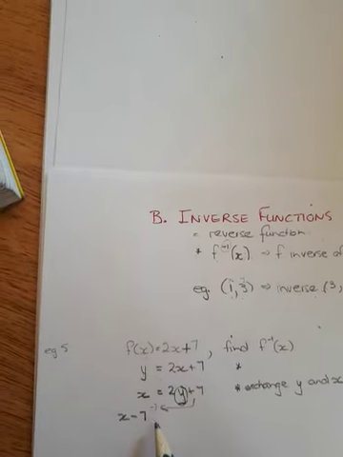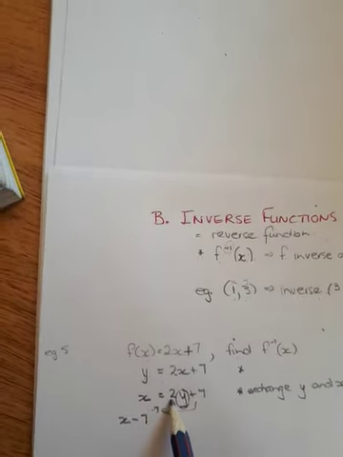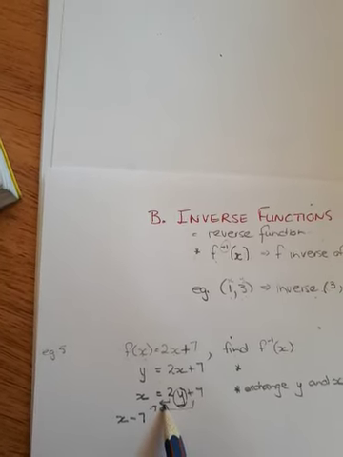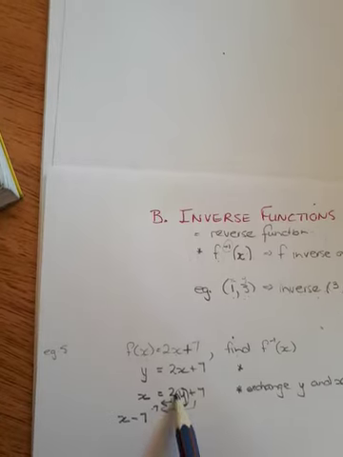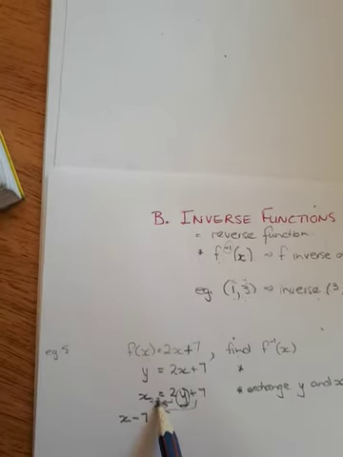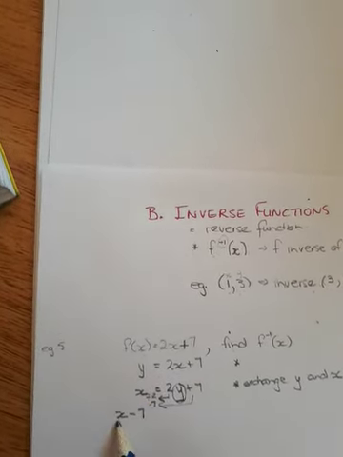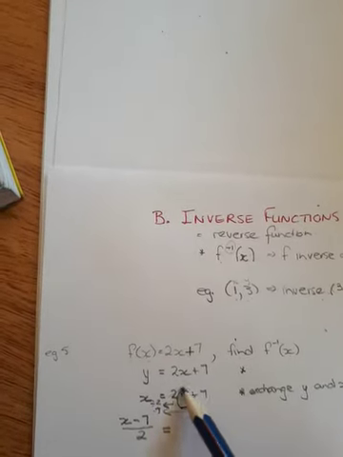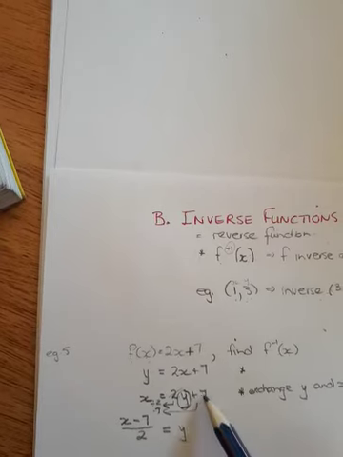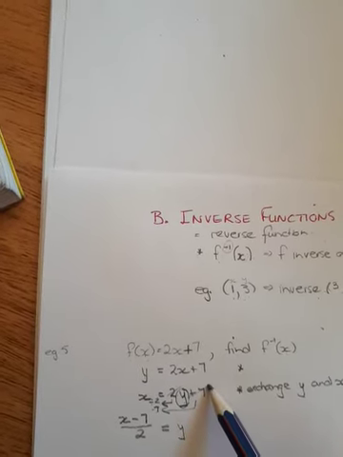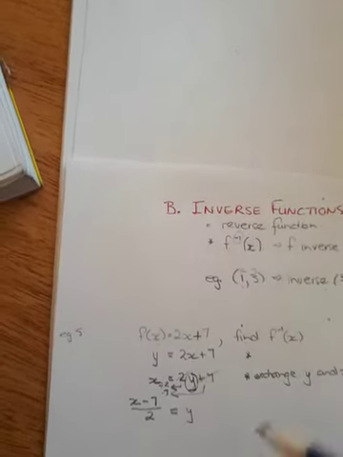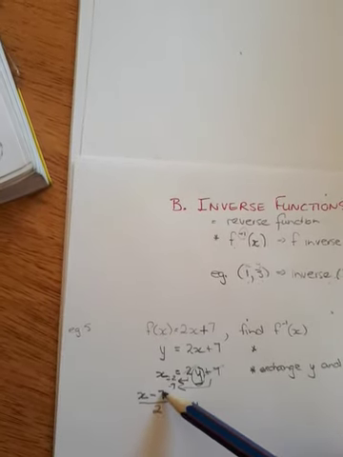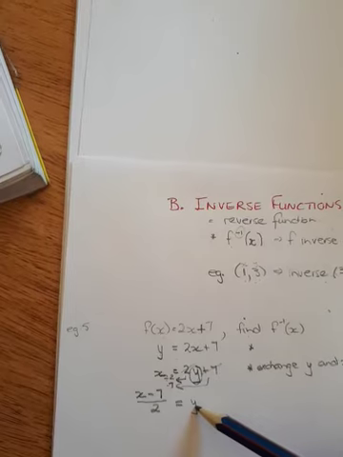Then at the same time, I'm going to do it in the same step. Move over the 2, which you do secondly. It's multiplied, which means it becomes divide by 2 on this side. So the inverse function of f of x is (x minus 7) over 2 equals y.